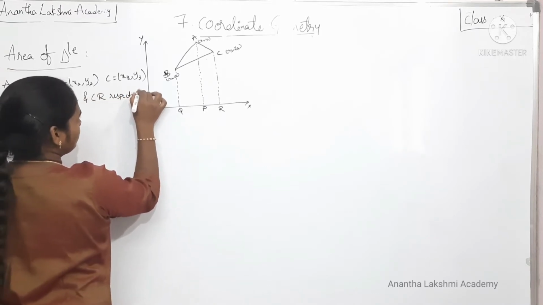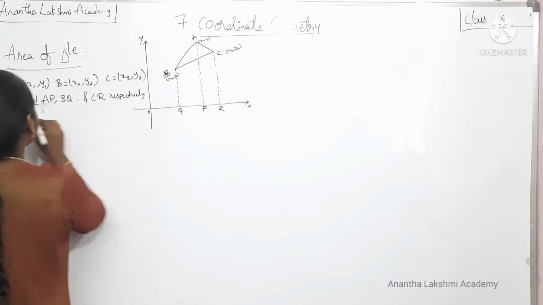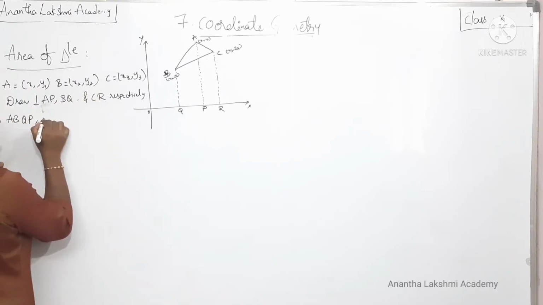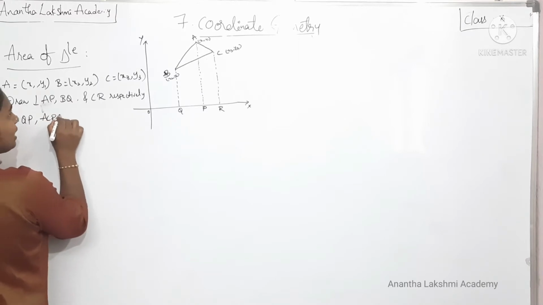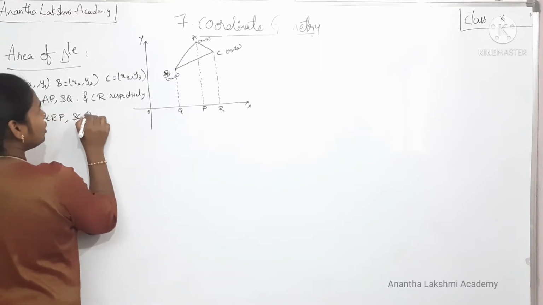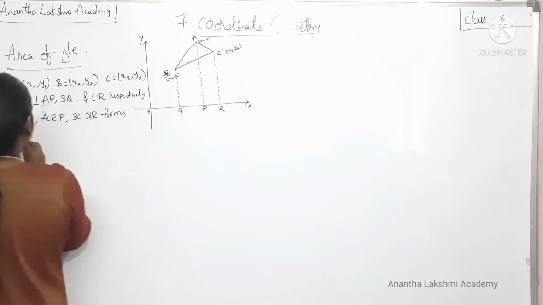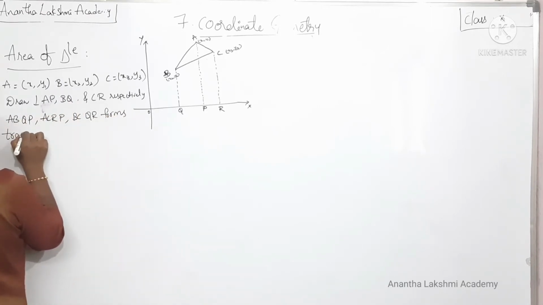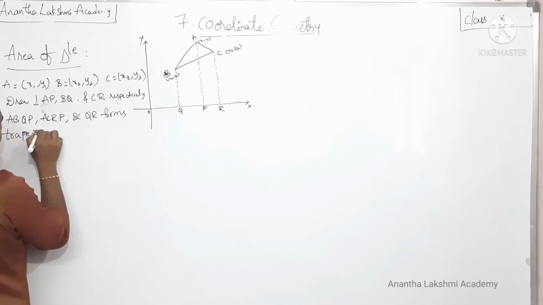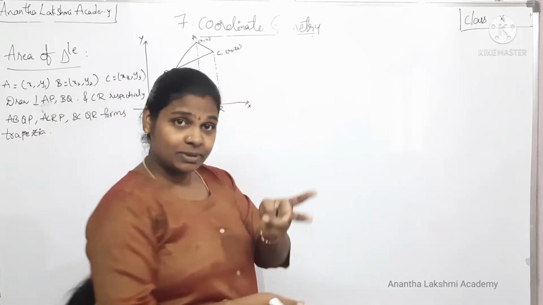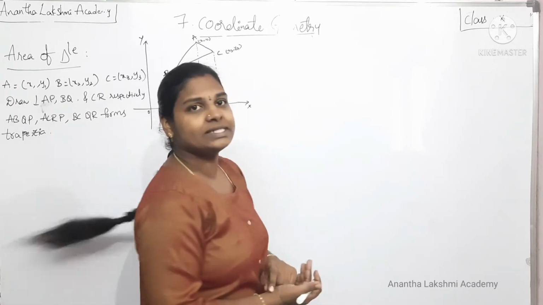That's what we have drawn now. Now ABQP, ACRP, BCQR form trapezia. What is the plural for this? Trapezia. The plural form of trapeziums is trapezia. As we have 3 trapeziums, I just wrote it as trapezia.